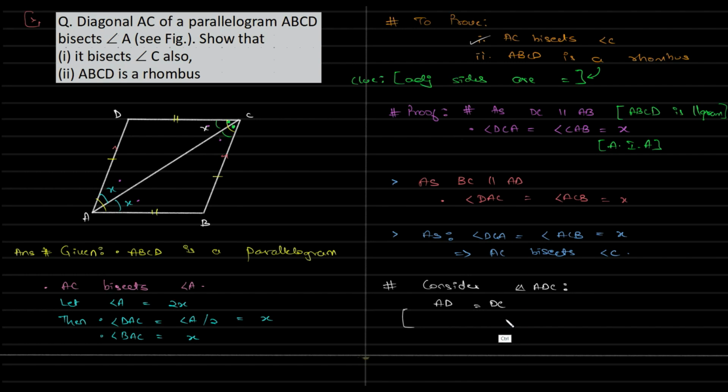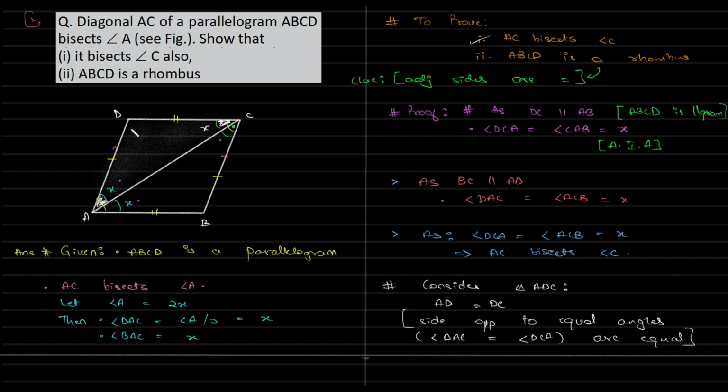Sides opposite to equal angles are equal. In this case, angle DAC is equal to angle DCA, right? So since these two angles are equal in this particular triangle, we can tell that AD is equal to DC. That's it.